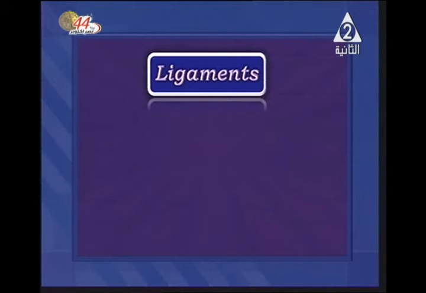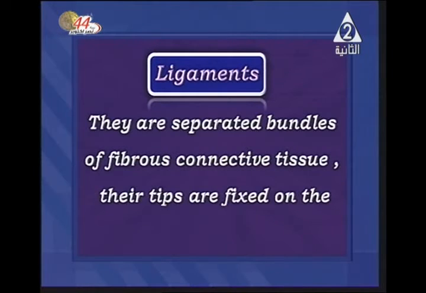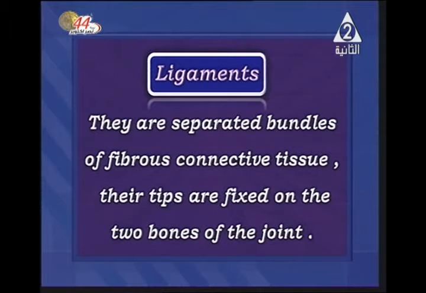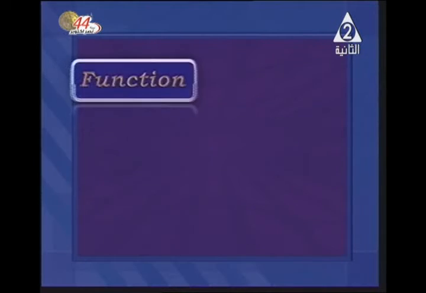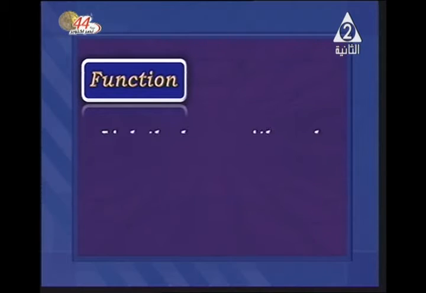Ligaments. As we finish with the joints, we're going to start with ligaments. What are they? They are separate bundles of fibers from the connective tissue. Their tips are fixed on the two bones of the joint. What is the function of the ligament?